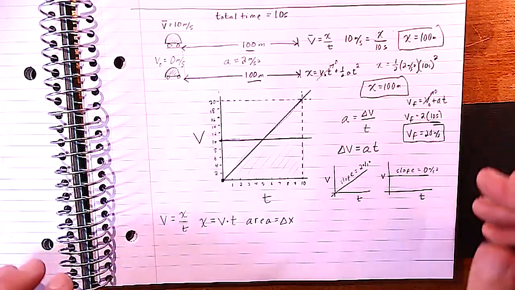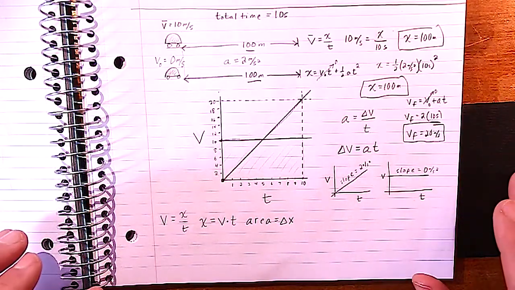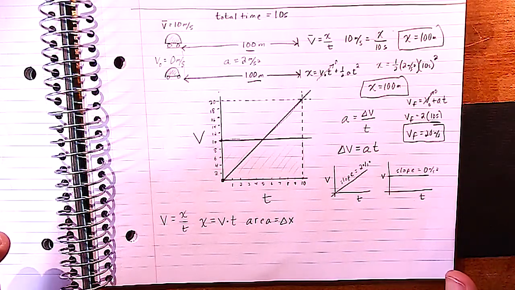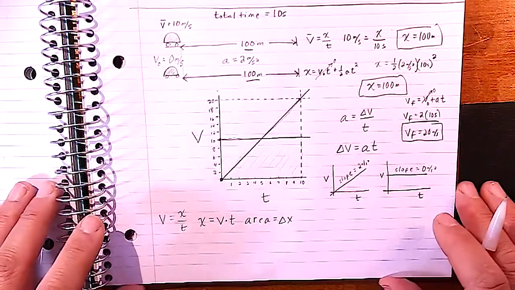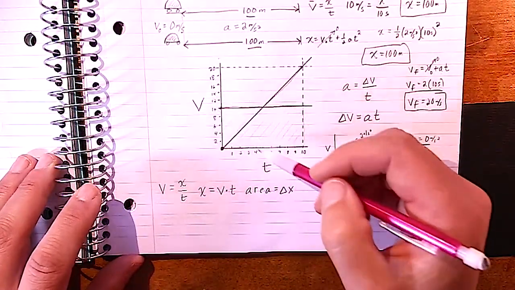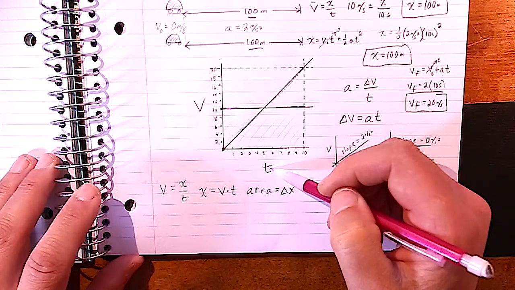Okay, so let's first look at a couple of things about slope and also the area. Now, we know that slope is equal to change in y over change in x.